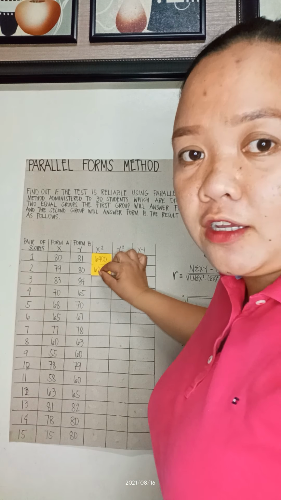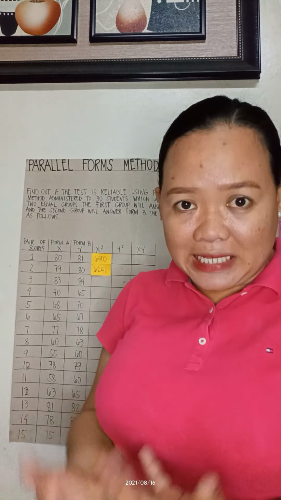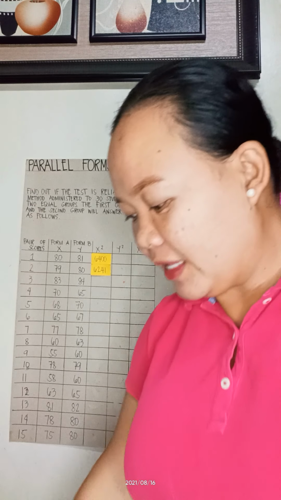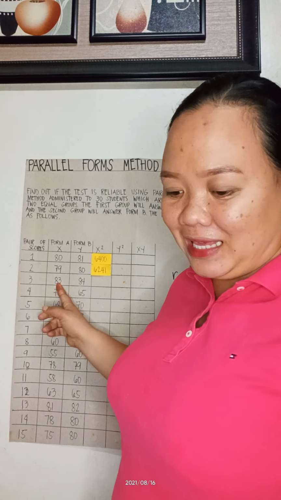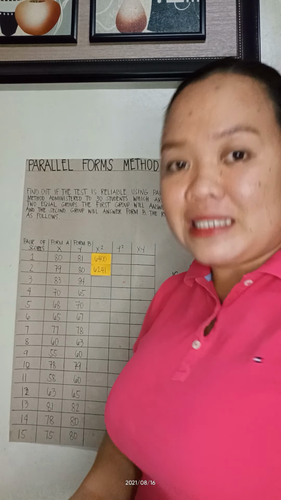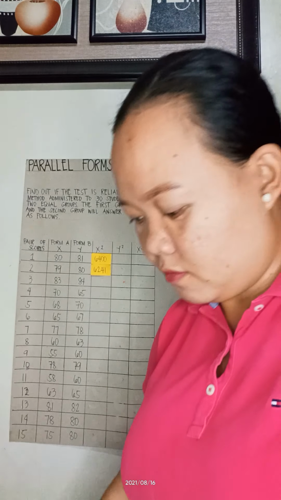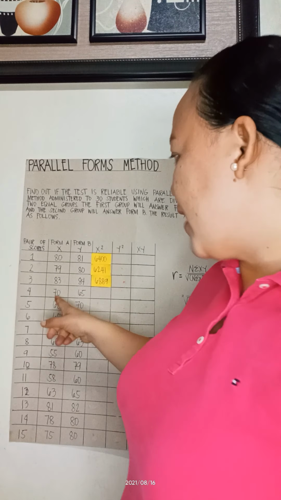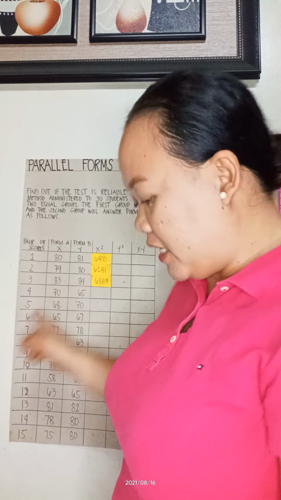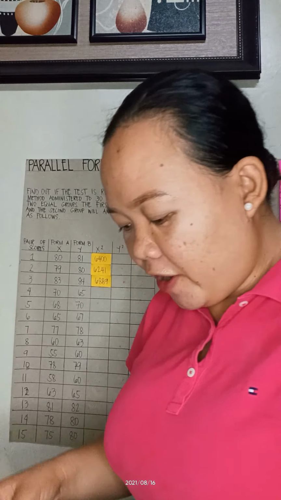You can use your calculator if you want so that you can easily find the answer. Next, 83 squared is 6,889. Next, 70 squared is 4,900.